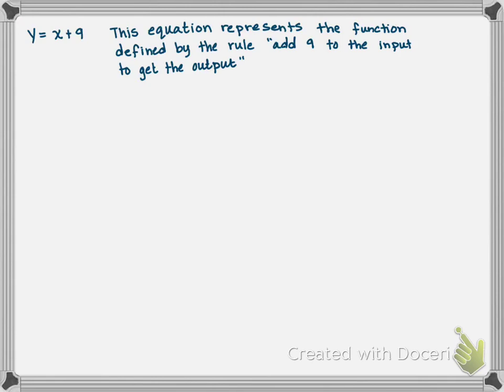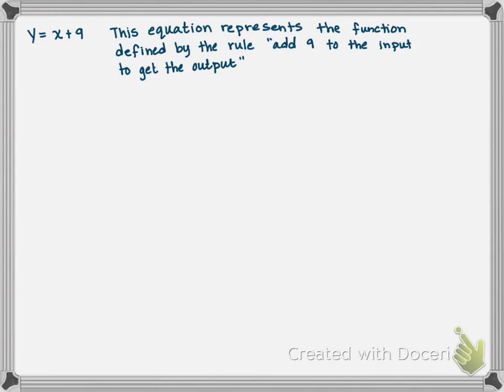So we want to start thinking of variables just as placeholders. All they do is take the place of input and output, so we don't have to write "output equals input plus 9," which would get annoying to write every time. So our variables are really just dummy inputs and outputs.